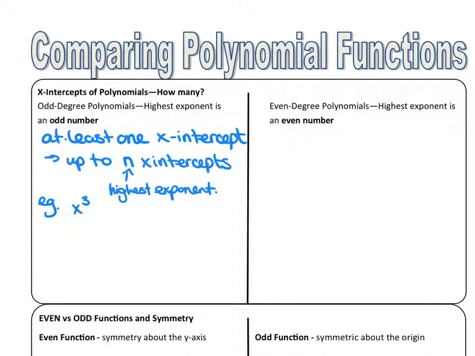What else? An even degree function is a little bit different because it can cross anywhere from 0 x-intercepts, because it might not cross at all, up to n x-intercepts.